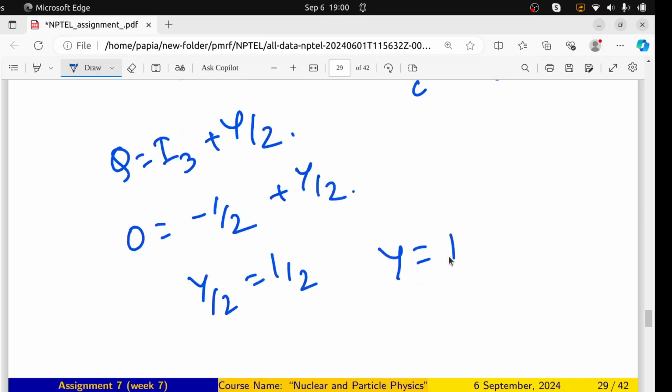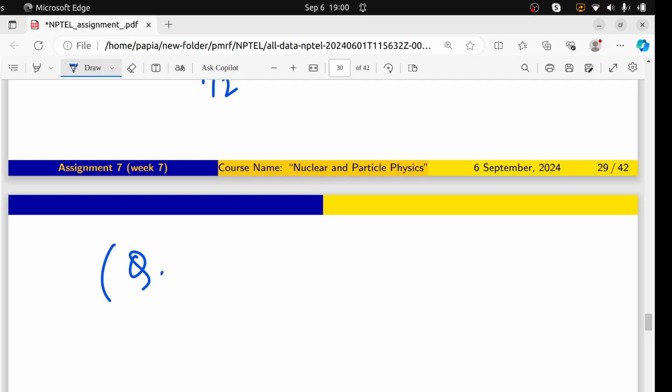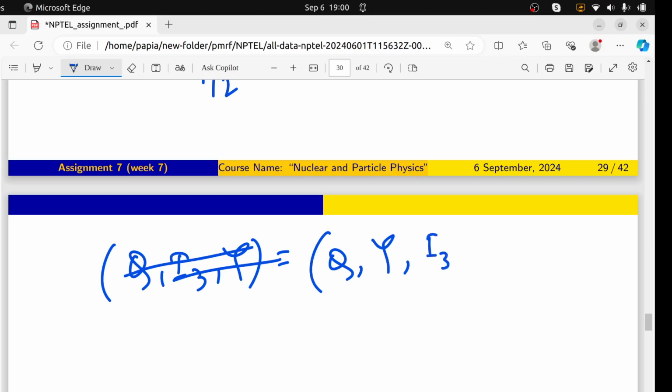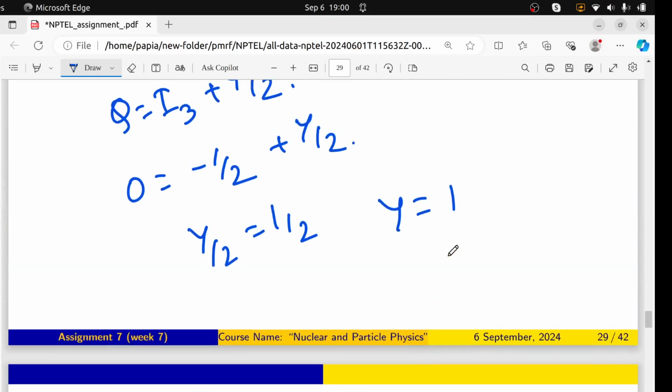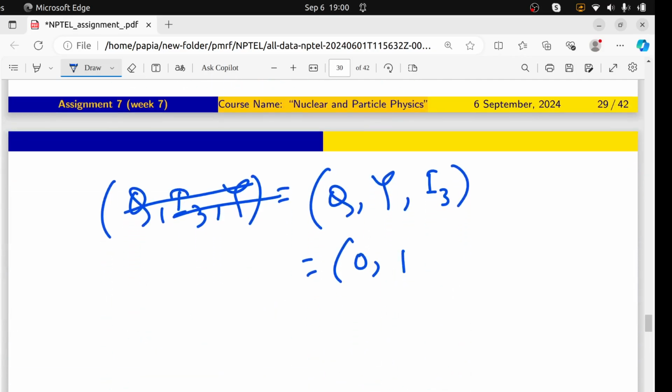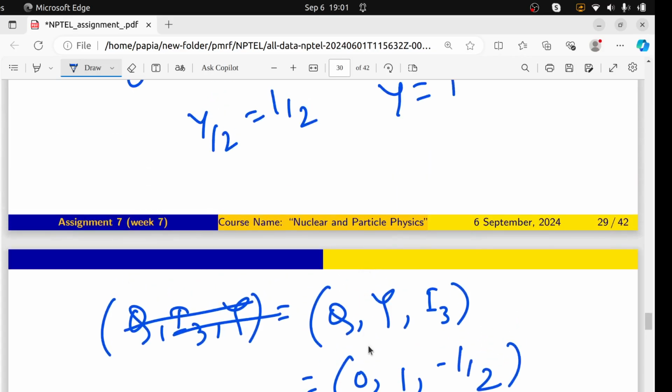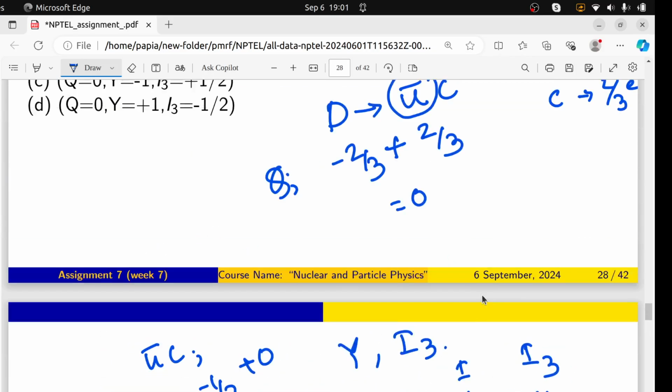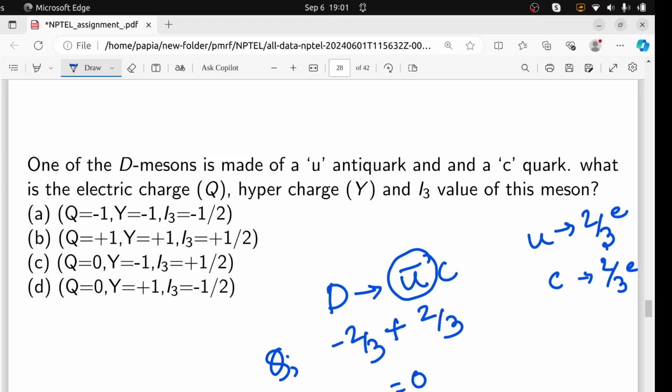So in the combination q, y, I3, this combination is given: 0, y is 1 and I3 is minus half. Now see the answers. Correct? Okay. 0, 1, minus half. So D option will be the correct one.